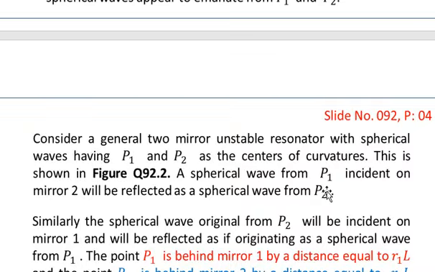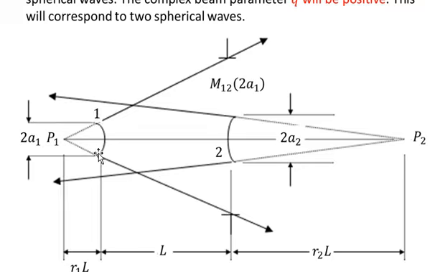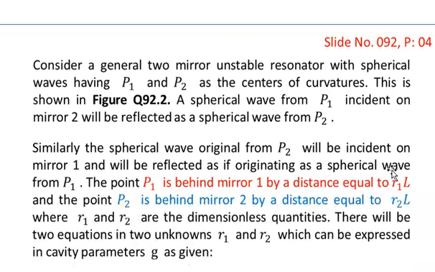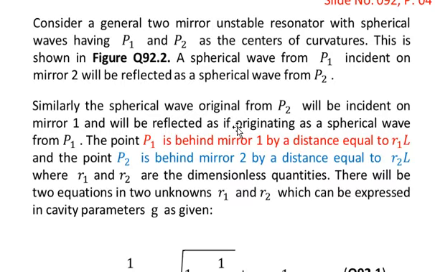A spherical wave from P1 incident on mirror 2 will be reflected as a spherical wave from P2, appearing to be reflected from the point P2. Similarly, the spherical wave originating from P2 will be incident on mirror 1 and will be reflected as if originating as a spherical wave from P1.